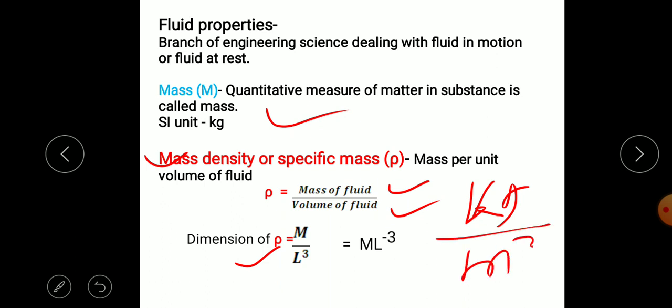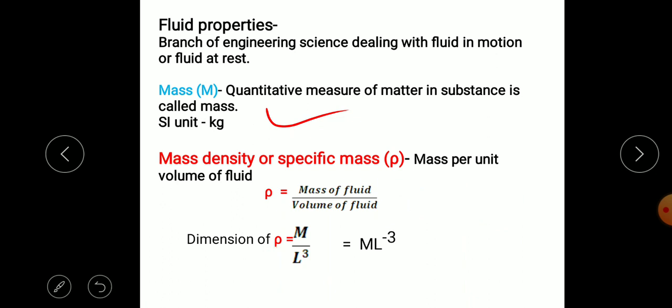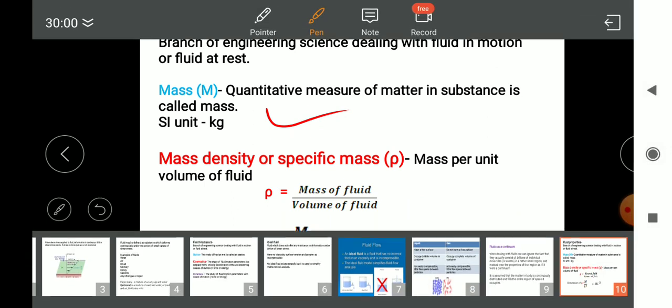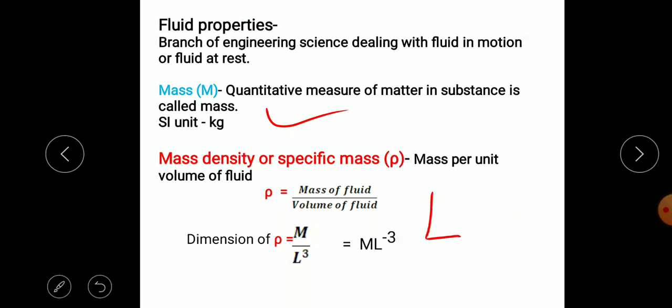Mass density is in kg per meter cube. In dimensional form, the unit of mass is M and the unit of length, or meter, is L. In dimensional analysis, for length we use L, for time we use T, and for mass we use M. So here the mass of the fluid is M, and volume is length cube, L cubed.